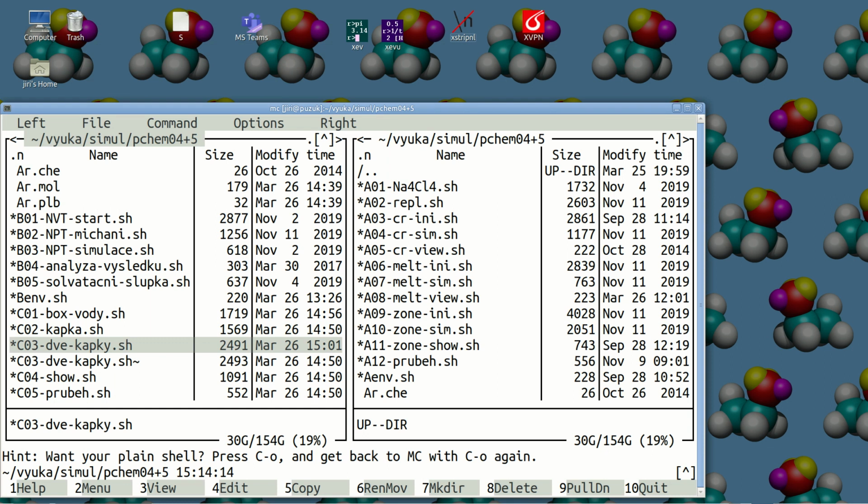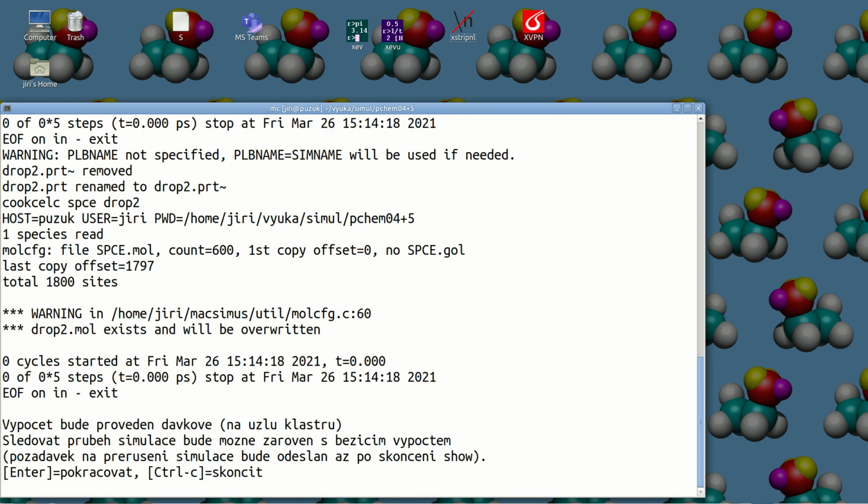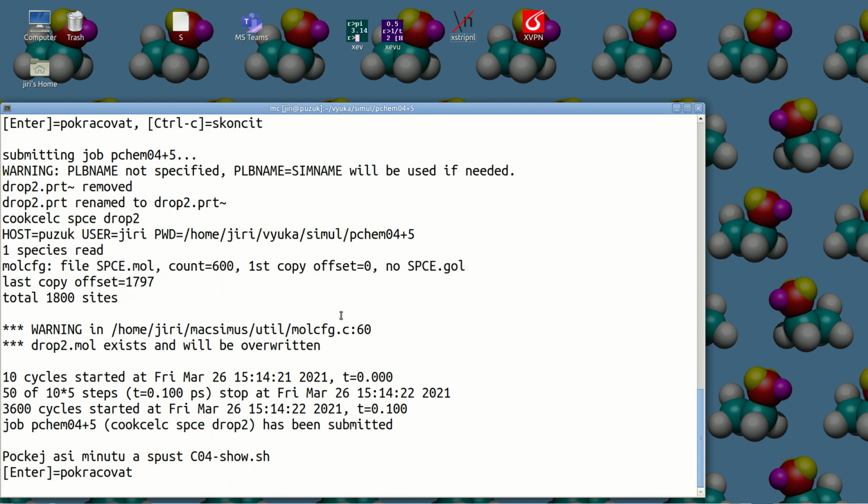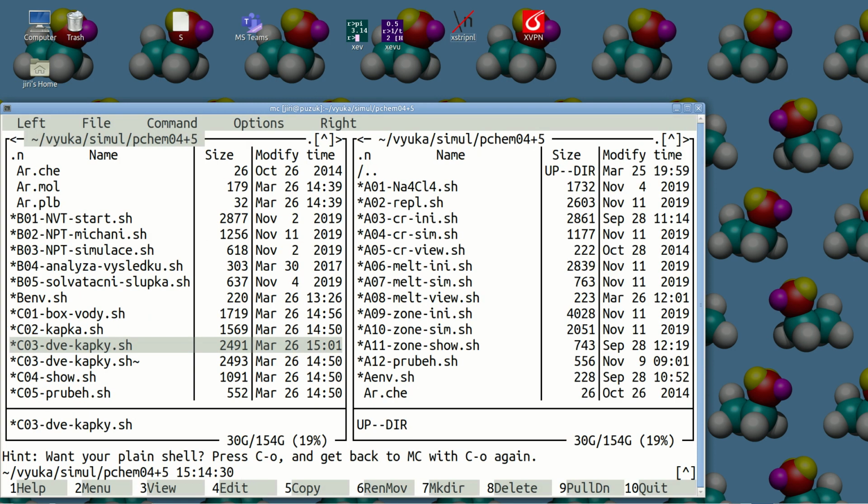Now we will replicate this into a bigger simulation cell, which is not cubical, and what we can do is to watch what's happening during the simulation, because this simulation will be longer.